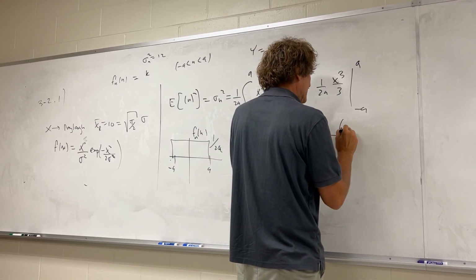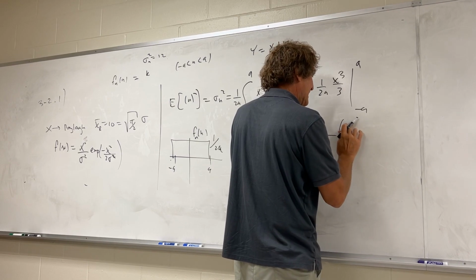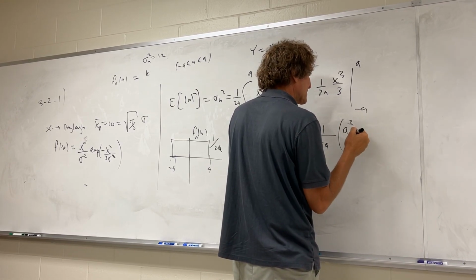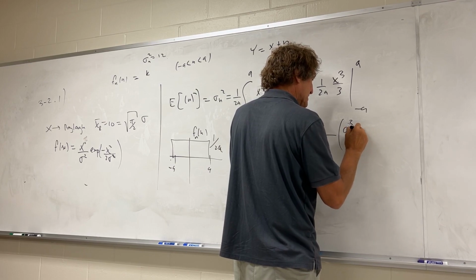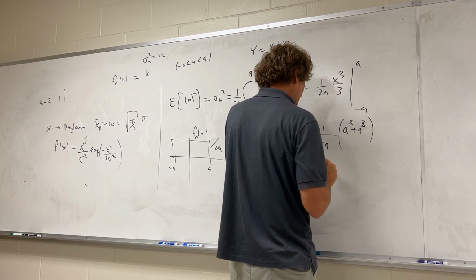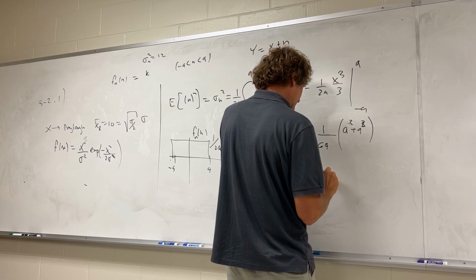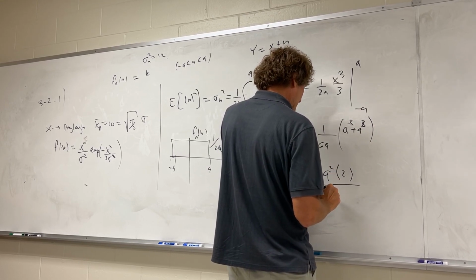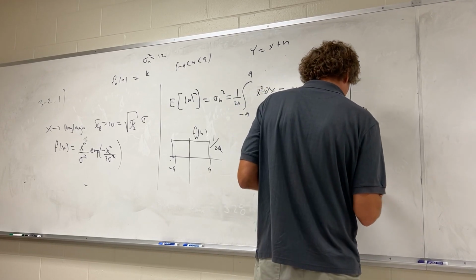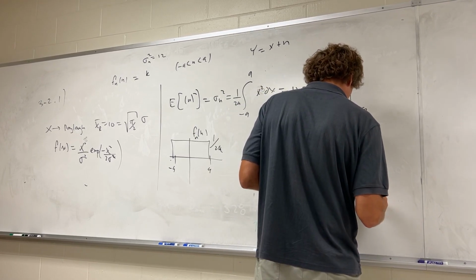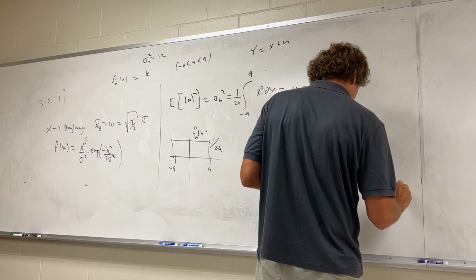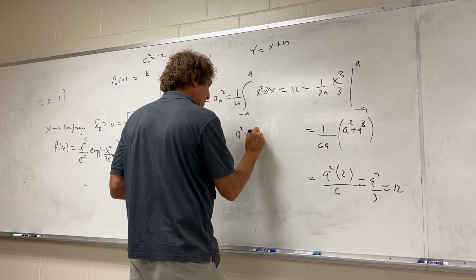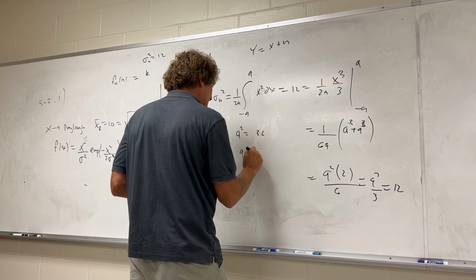Then we get a cubed minus minus a cubed, which is a plus, and the net result is plus a cubed. That boils down to a squared times 2 over 6, or a squared over 3, is equal to 12. That means a squared is equal to 36, and a is equal to 6.